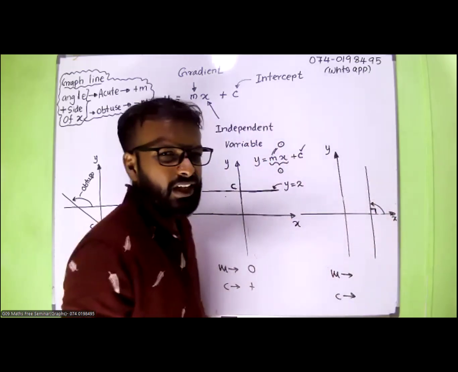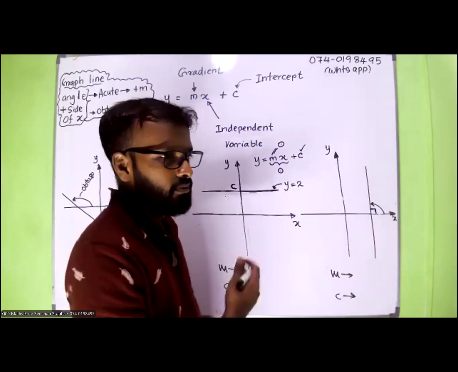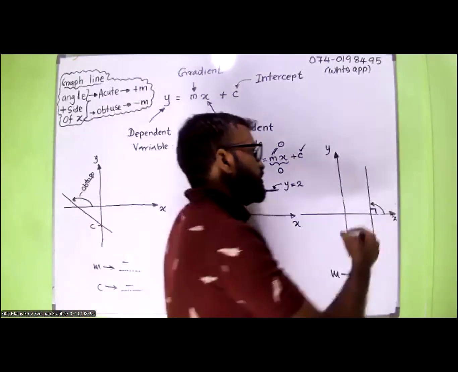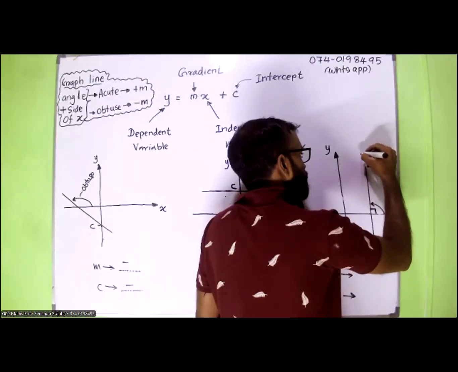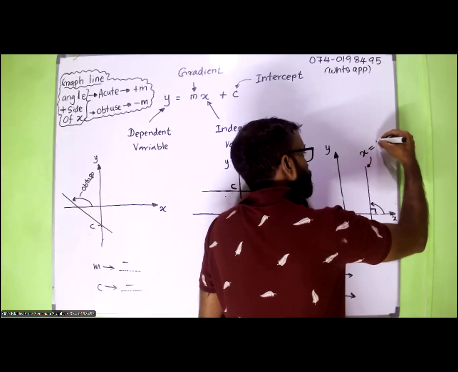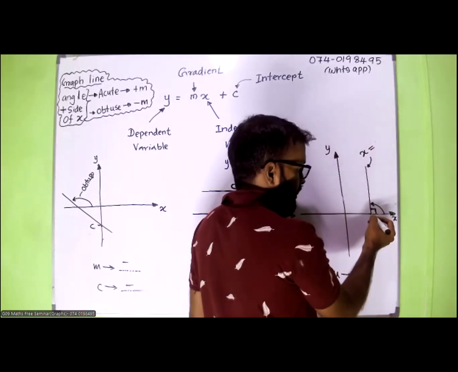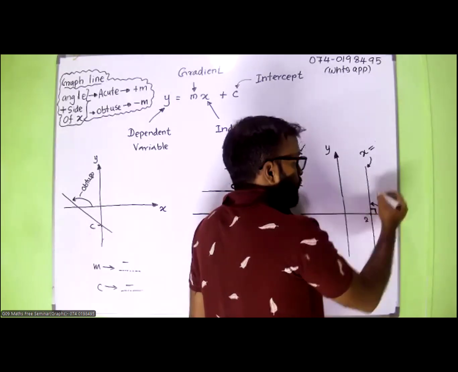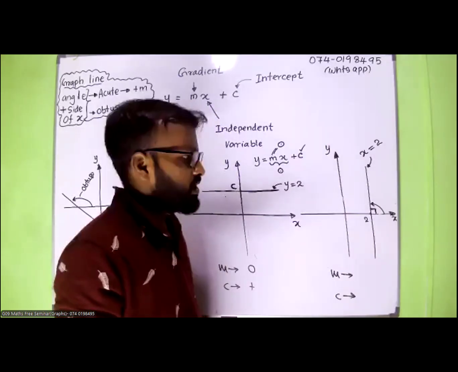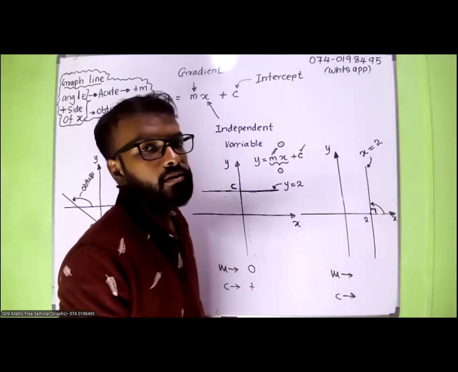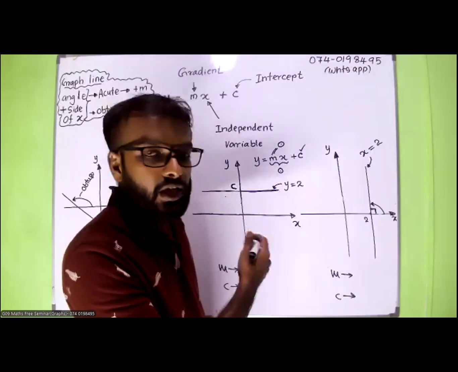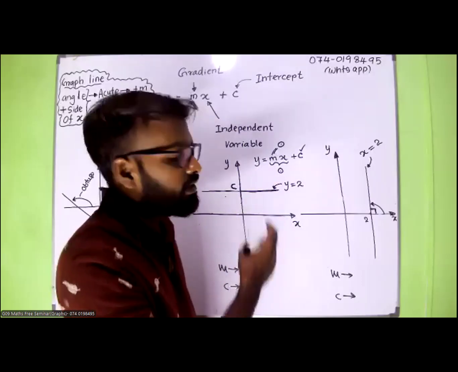So this is a special case. For your extra knowledge, I gave it to you. Normally we write this as x equals something. So for an example, I will take this x value as 2. X equals 2. There is no y because the y-axis has not been crossed or intersected by that graph.